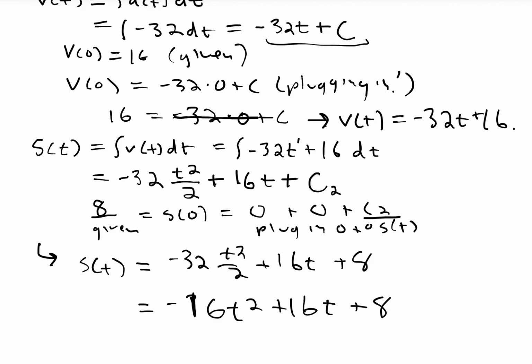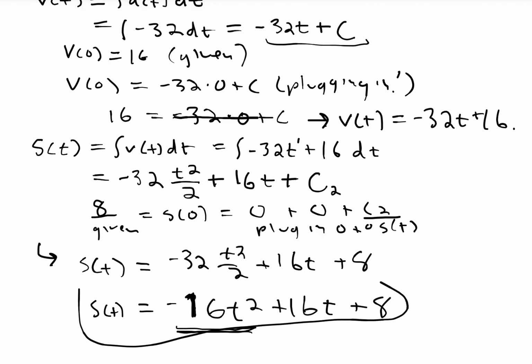And if you actually go back through a lot of the examples that I've given you guys throughout the semester, you'll notice that a lot of our position, velocity, acceleration questions have had this minus 16t squared term out front. This is why. We're assuming that we're doing a lot of those problems on Earth. And if you start with this minus 32 acceleration and work through the problems, the antiderivatives are going to lead you to this minus 16t squared we keep seeing. Okay? So this guy, this is my final position function for this particular example.